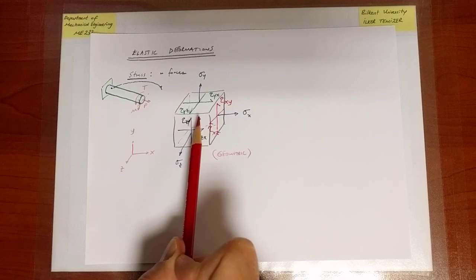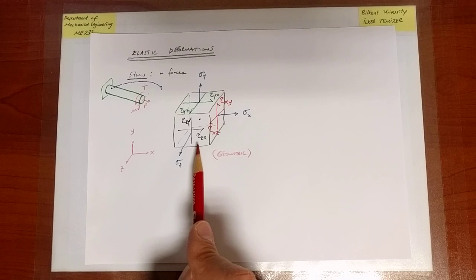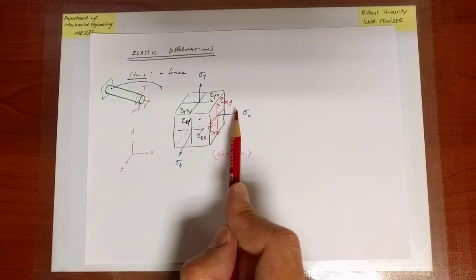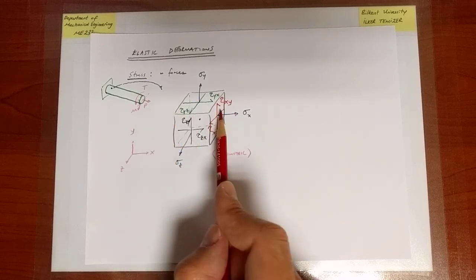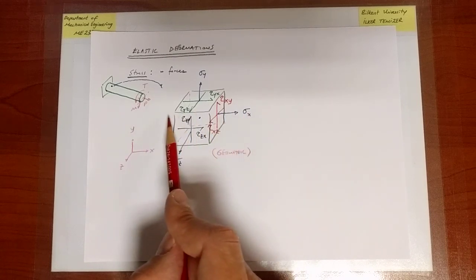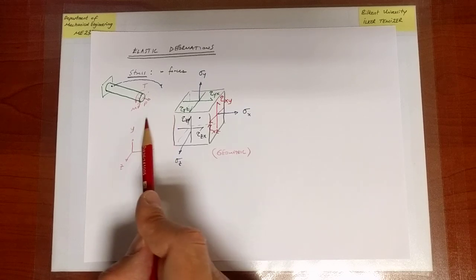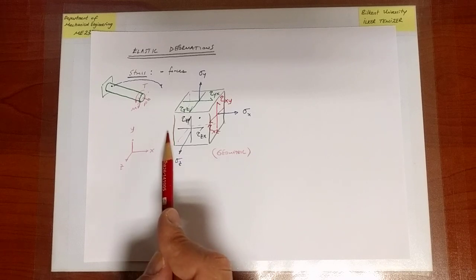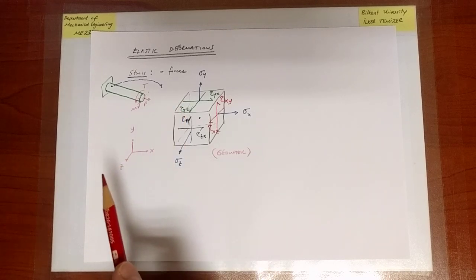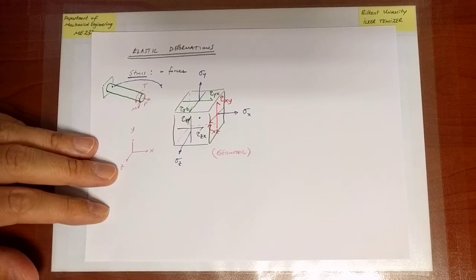Equilibrium requires that the sum of the forces in all directions is equal to 0, and force is stress times area. So if the areas of the two faces are the same, the components of the force on each surface need to be the same in magnitude but opposite in direction. So there is a sigma x in the opposing direction, tau xy in the opposing direction, tau xz in the opposing direction. We're not depicting those unless we depict it in 2D.